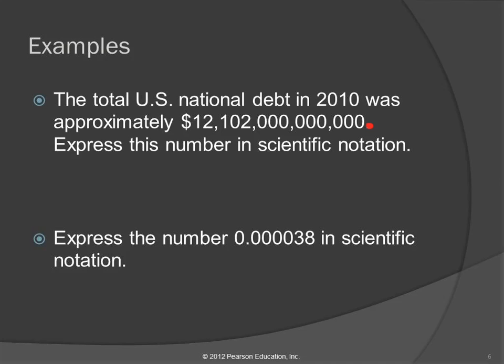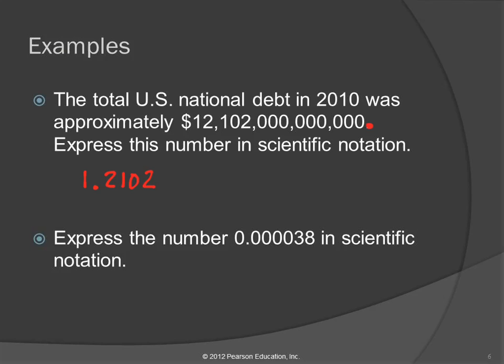So it's going to be 1.2102. We want to copy down all the non-zero digits. And the zeros, for now, just ignore all those extra zeros. We'll worry about those in a little bit.